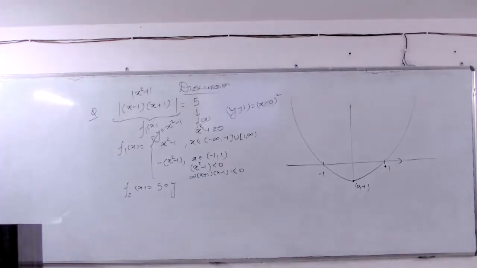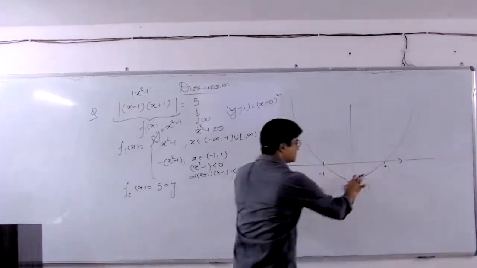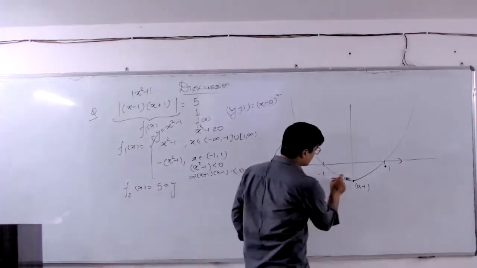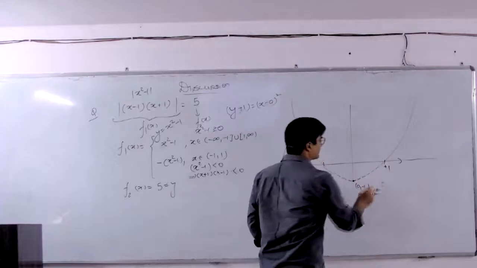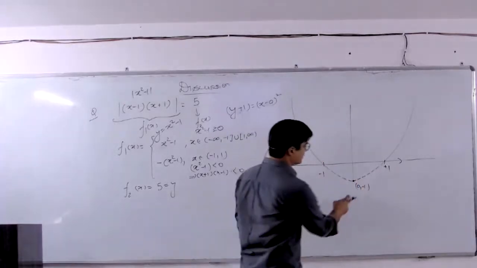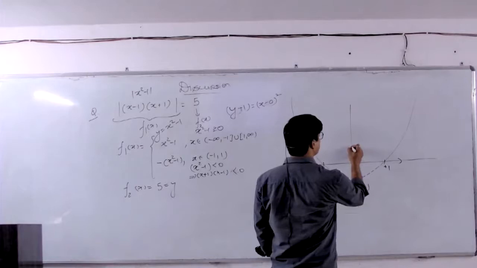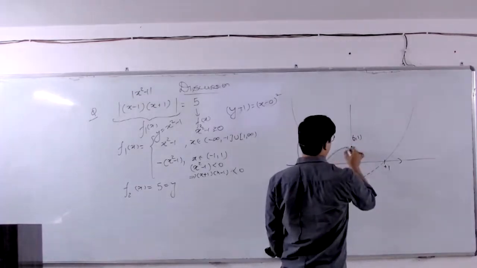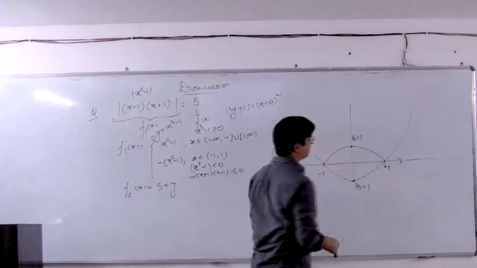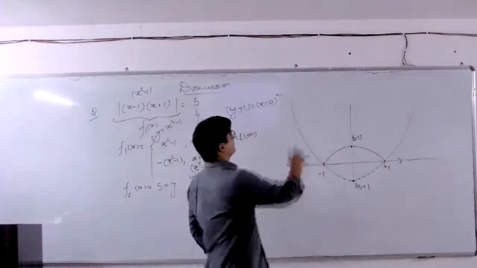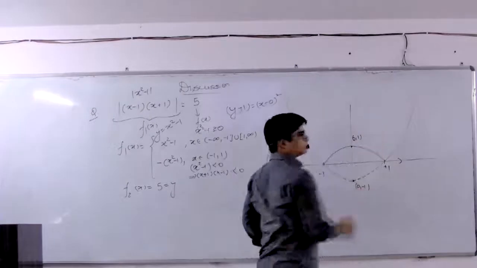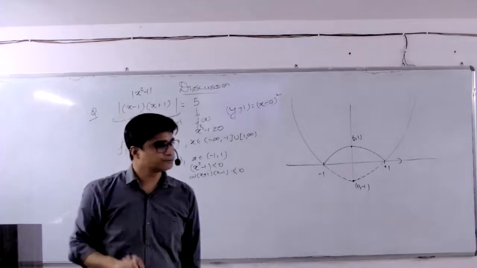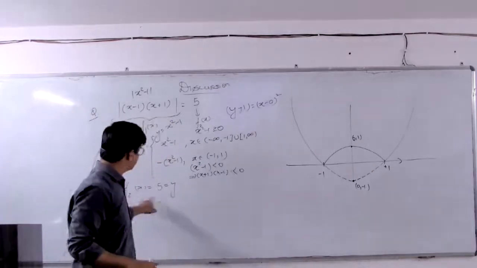Only this part is below the x-axis, so we will flip it over, and 0 comma minus 1 will reach 0 comma 1. This will be your actual curve. Is it clear?